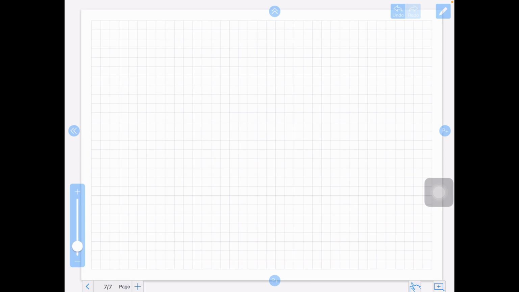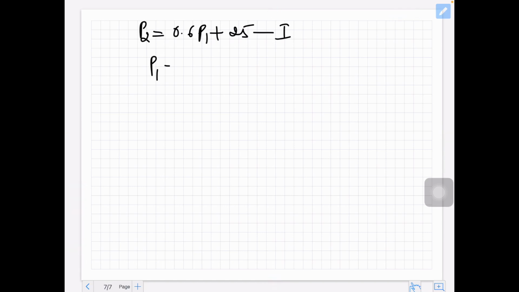If you simplify, you will get P2 is equal to 0.6 P1 plus 25, the first equation. Again, P1 is equal to 1 divided by 1.6 times PD minus 25. This is the second equation.